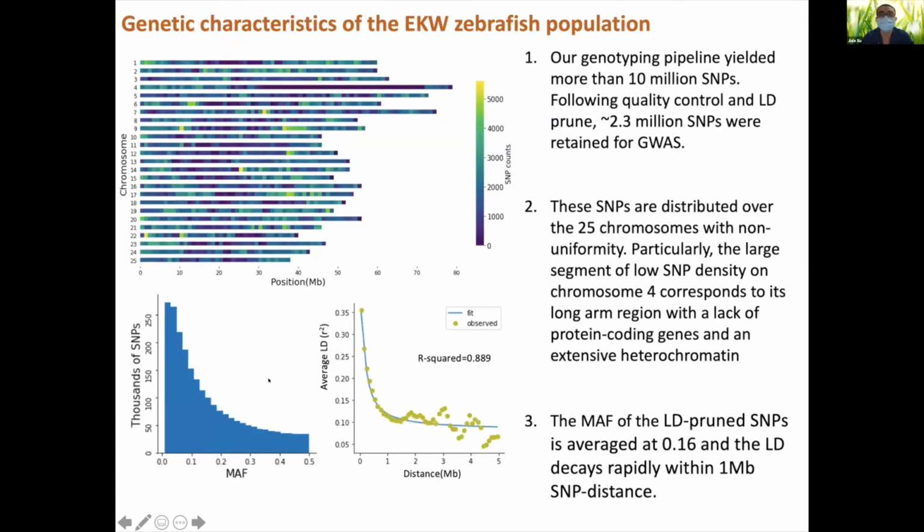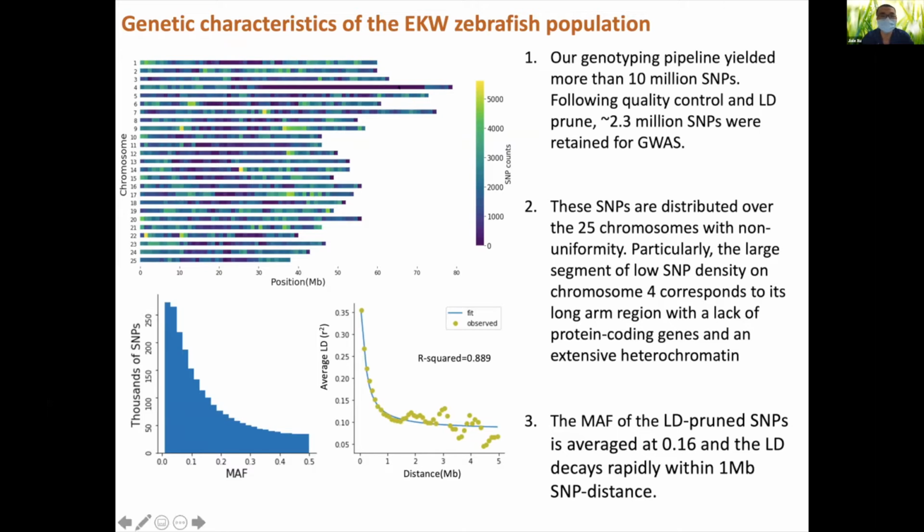So the genotyping pipeline yielded more than 10 million SNPs. Following quality control and LD pruning, we retained about 2.3 million SNPs for the subsequent GWAS analysis. And these SNPs were distributed all over the 25 chromosomes, of course, with some non-uniformity.